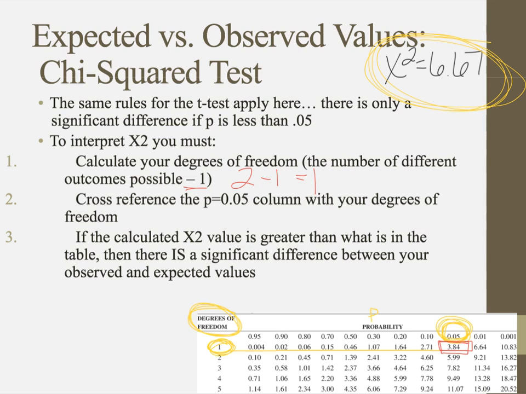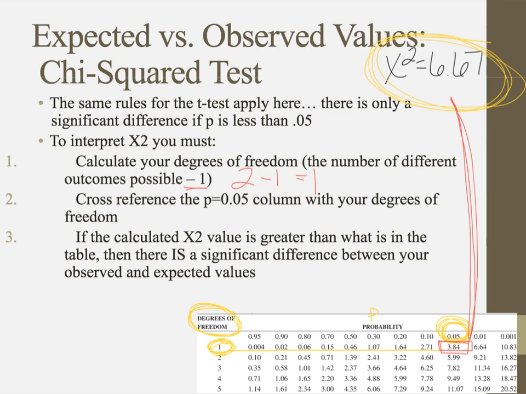Okay, now it's time to go back to our calculated chi-square value. If our calculated chi-square value is greater or bigger than what we just cross-referenced in the table, then there is a significant difference between our observed and our expected values.